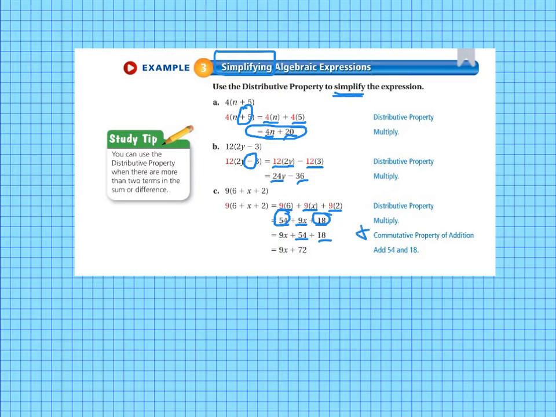The book says we used the commutative property of addition to put them as next door neighbors, which is an awesome way so you can see that they are the same thing. They're both constants, and 54 plus 18 gives us 72. Then don't forget to put the 9x back on the front. It does not combine with the 72 because the 9 has an x after it and the 72 does not.